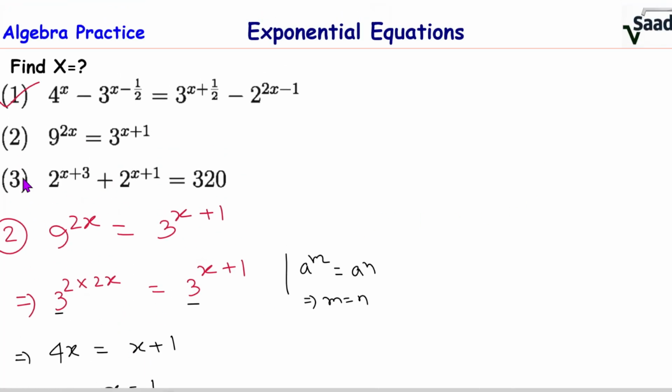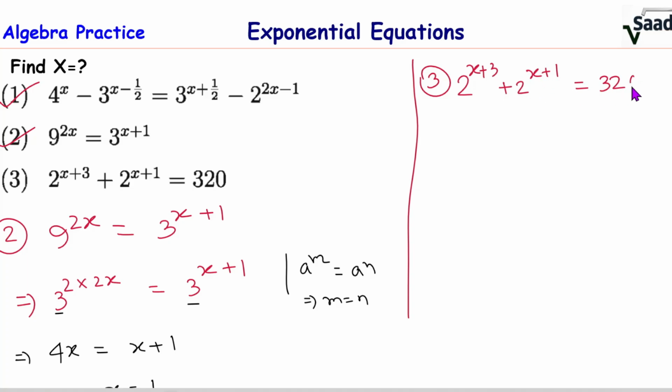So number 2 done. Now we will solve number 3. 3 to the power x plus 3 plus 2 to the power x plus 1 equals 320. So first we can write 2 to the power x times 2 to the power 3 plus 2 to the power x times 2 to the power 1 equals 320.